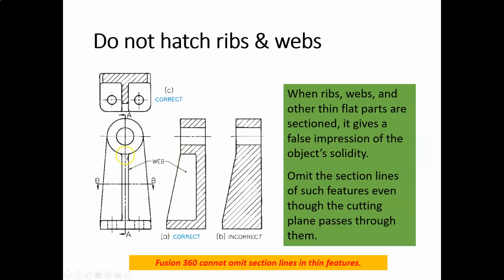Because if we did this normally, we're obviously cutting through material, and we would show it like this, where it's all sectioned. That gives a misleading interpretation of the object as being fully solid. So we don't do this, and instead we opt to not include the section lines in the thin web or thin rib. So this is how we show it.